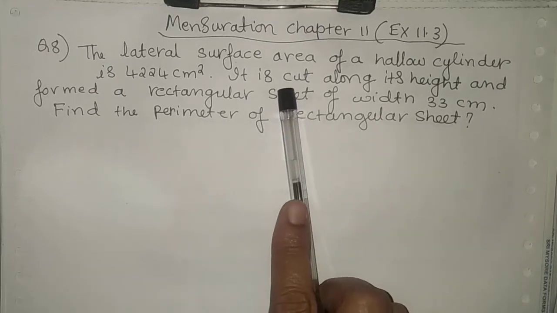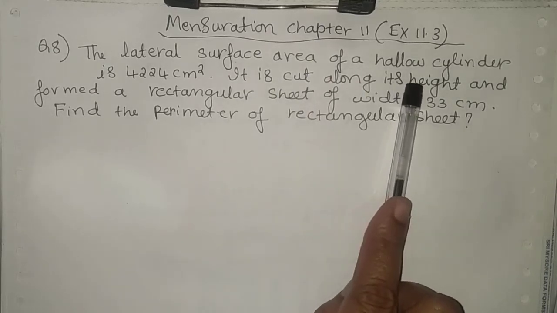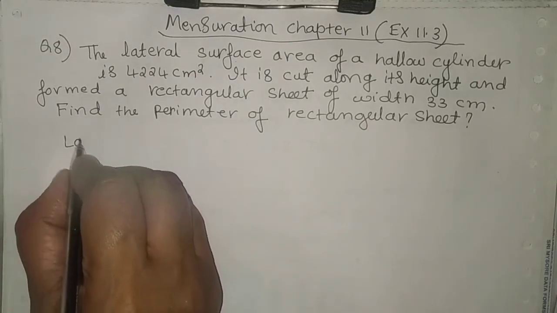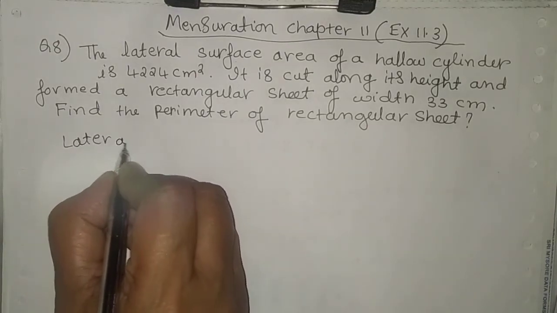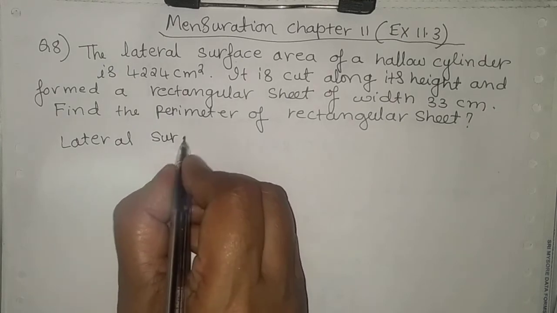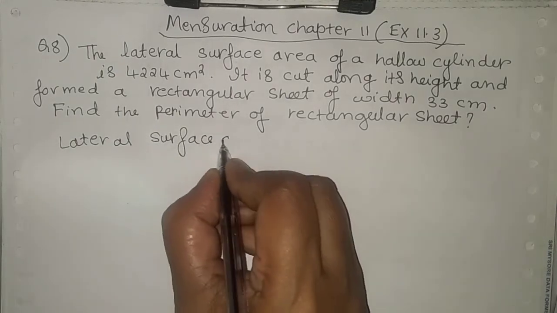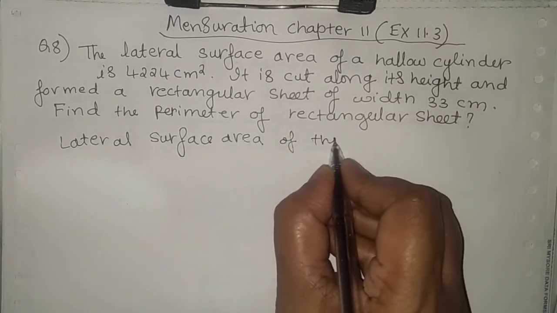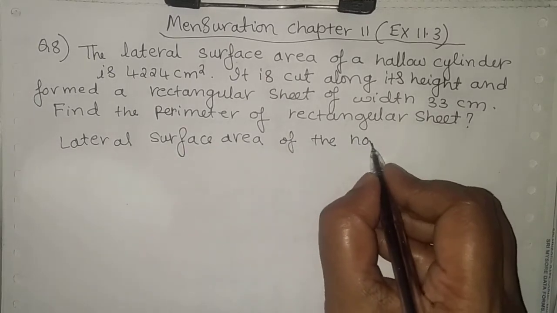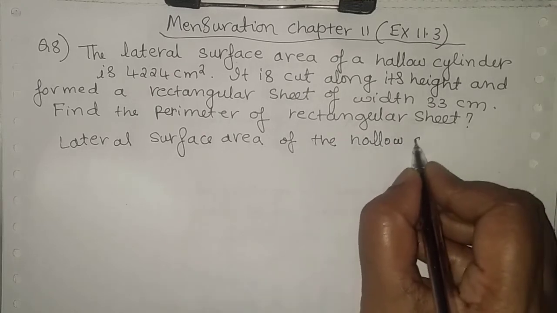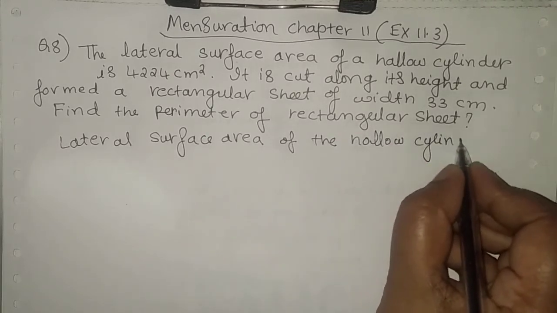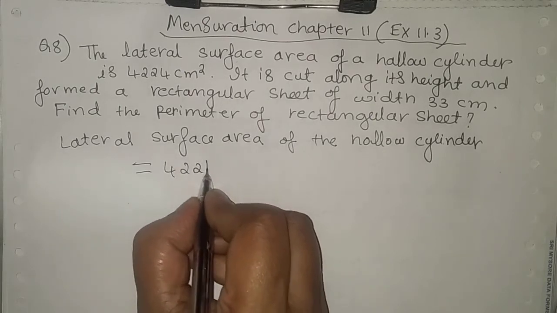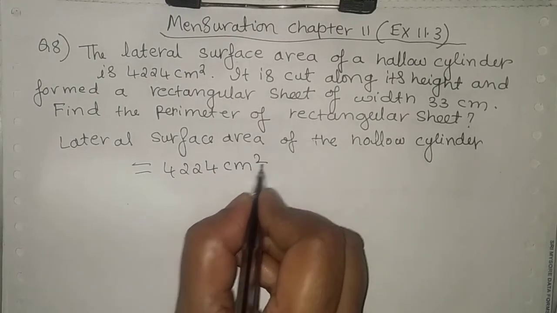So a lateral surface area of a hollow cylinder is given. So what are the data given? We'll first write down. So lateral surface area of the hollow cylinder is how much? 4224 centimeter square.